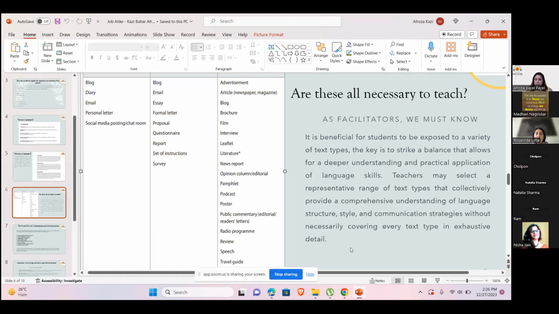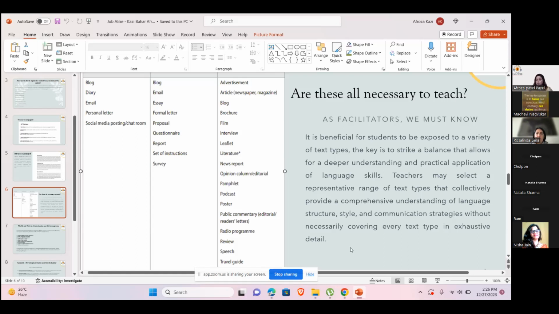A lot of things can be done within the same parameter by using different methods and approaches. Teachers may select a representative range of text types that collectively provide a comprehensive understanding of language structure, style, and communication strategies without necessarily covering every text type in exhaustive detail.